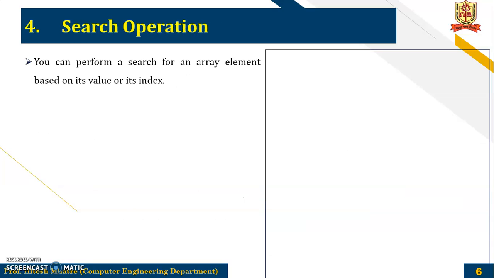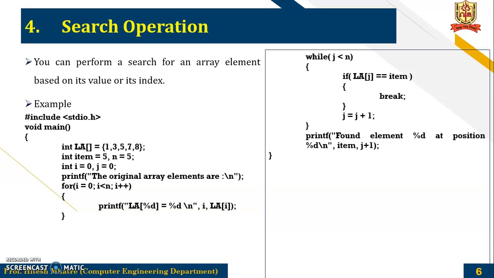Then the search operation. Now you want to search based on the index or based on the value, whether that element is present or not. Again, here we can see displaying the original elements. What we have done is set item equal to 5, so I want to see whether 5 is present or not. Now this n is nothing but the size.